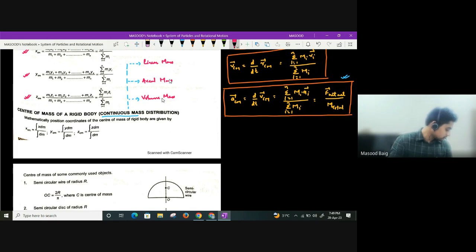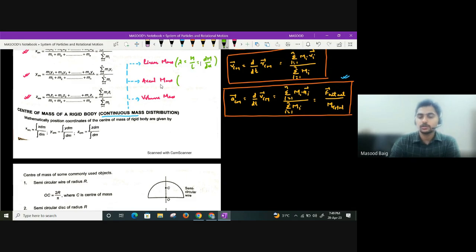And whenever we focus on continuous mass distributions, what are we going to bring into the picture, guys? Whenever we are dealing with mass distributed in length, we will talk about linear mass density lambda, right? It is given as mass per unit length for the entire object. However, for small elements, we'll write it as dm divided by dx or dm divided by dy.